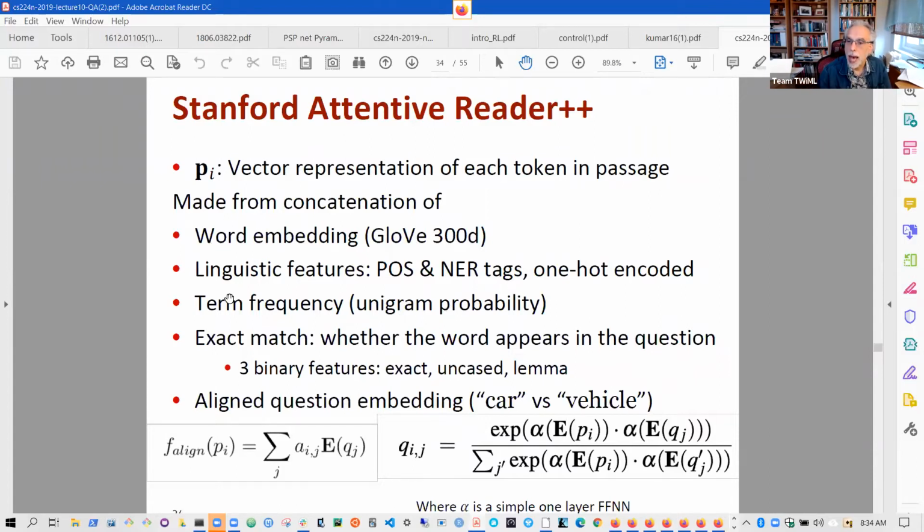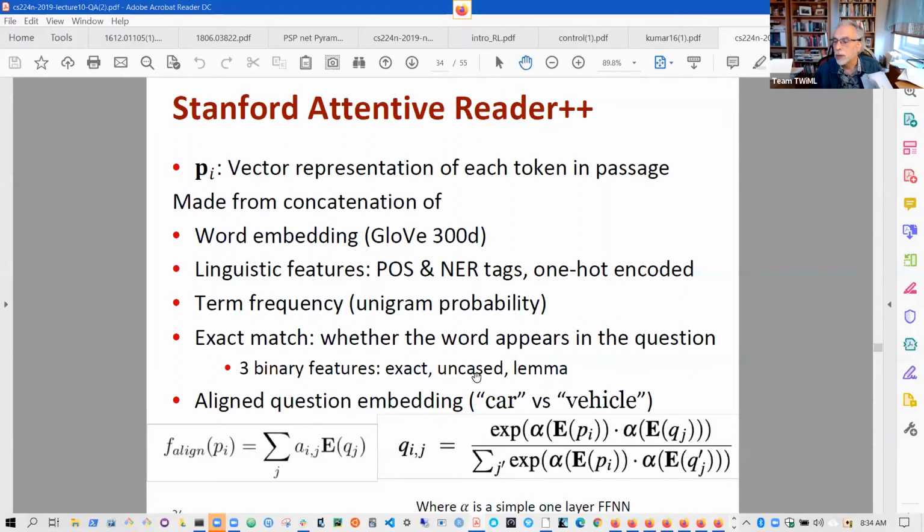So this is basically adding bits of information that turn out to be useful. And then they also add this exact match. That would be one-hot encoded: for each word in the passage, they're asking, does that word appear in the question? And I guess it's not just one-hot encoding, it's three one-hot encoded features. One is for whether the exact word appears.